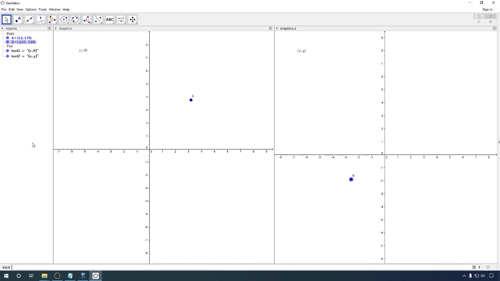Now the idea here is that we want to take a particular region in the r theta plane. Let's get rid of these, and I'm going to plot some points. By the way, I picked the particular plane that I'm putting the points into by first clicking on that plane. So I click over here, and then I type in a point, and it will plot that point in this one and not that one.